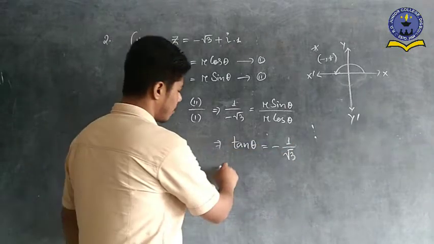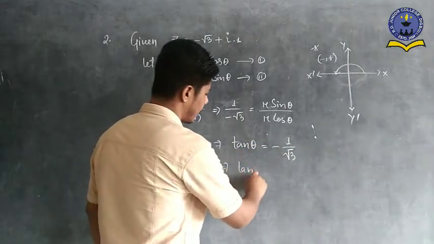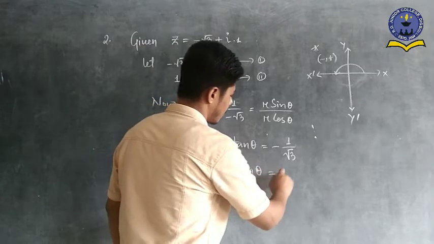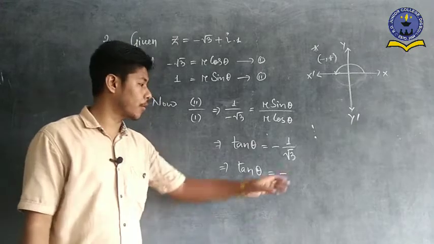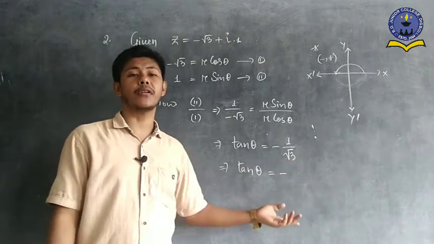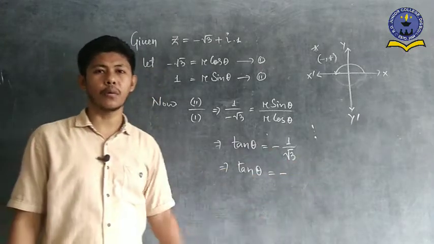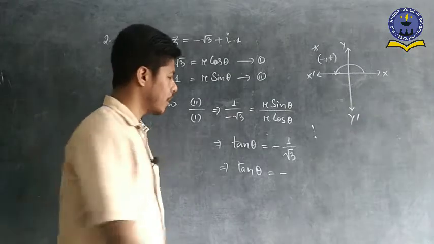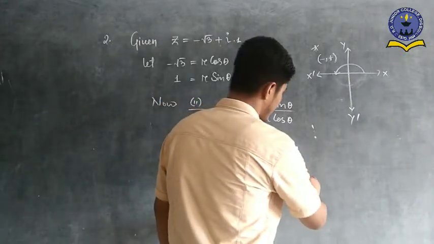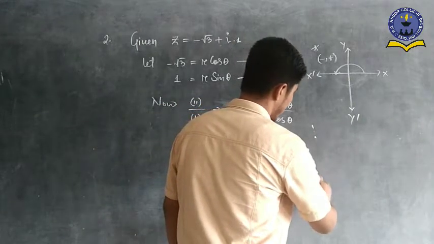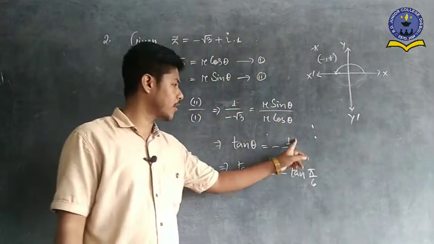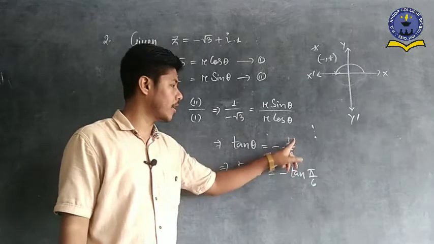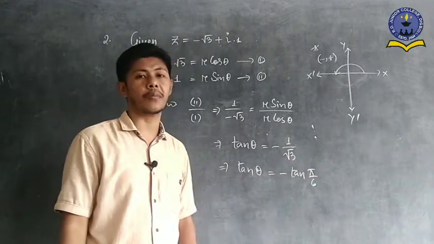Tan theta equals minus 1 by root 3. When the tan value is 1 by root 3, it is obviously pi by 6. So the minus remains the same, and in place of this we write pi by 6.